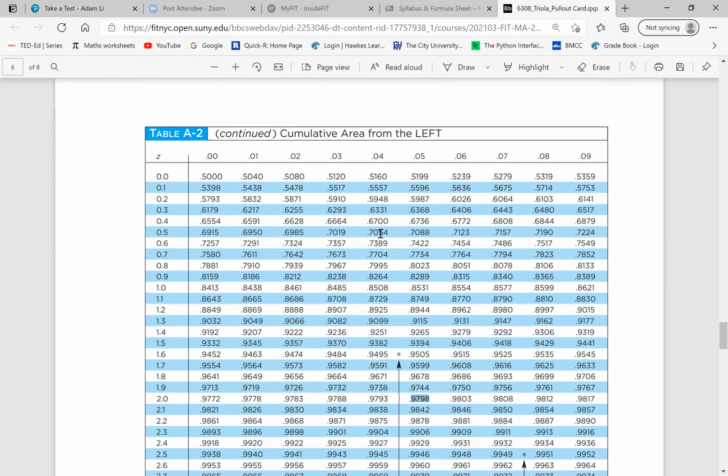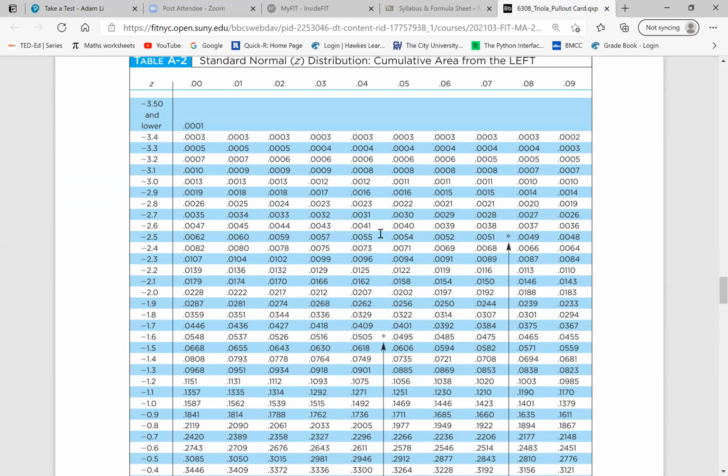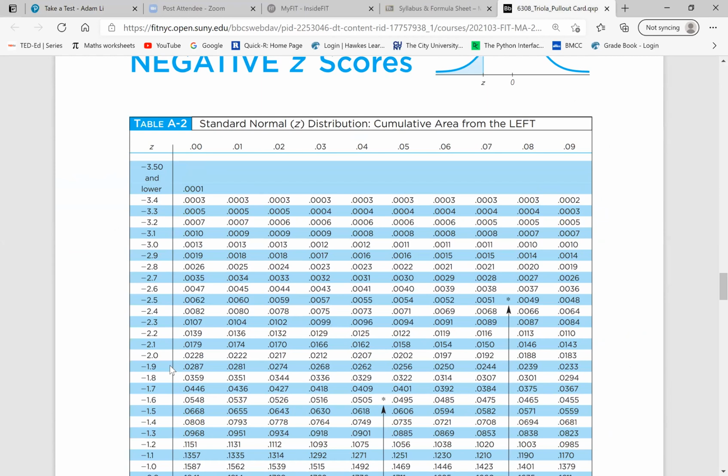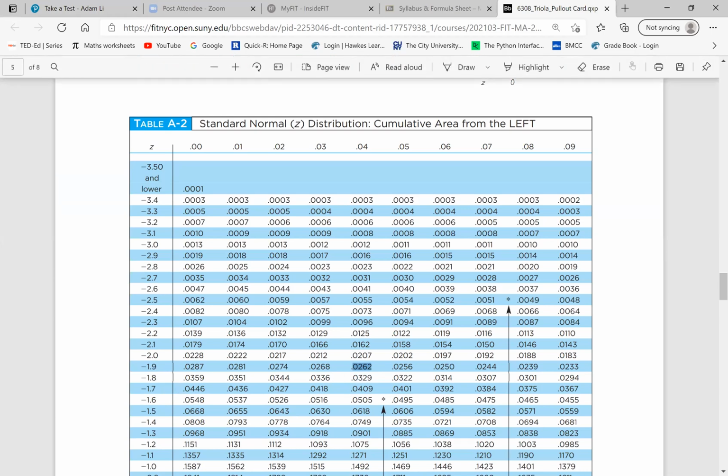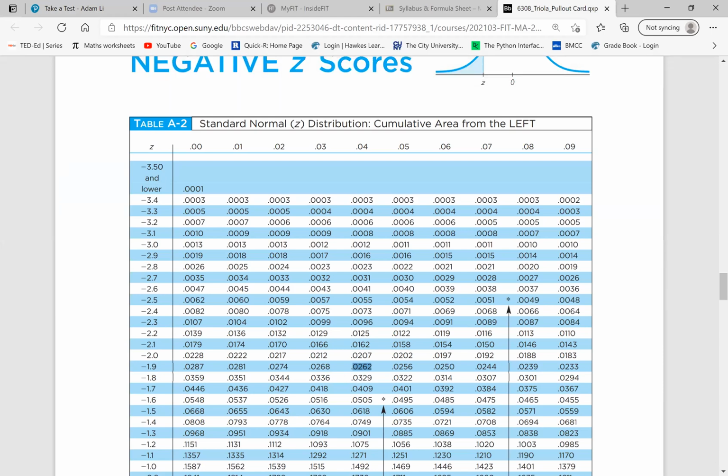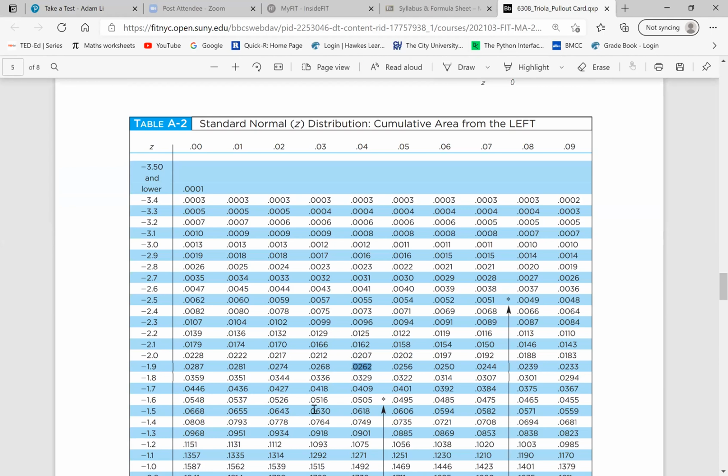It turned out to be 0.0262. So we found the area on the left tail.